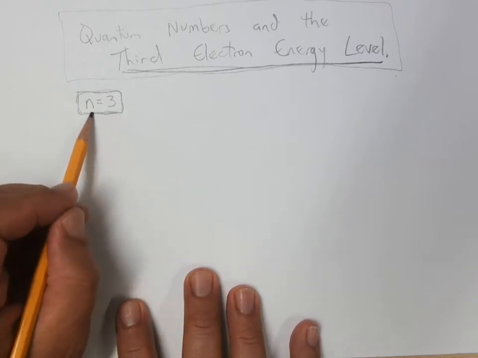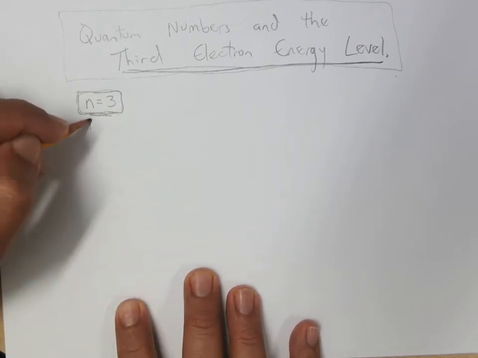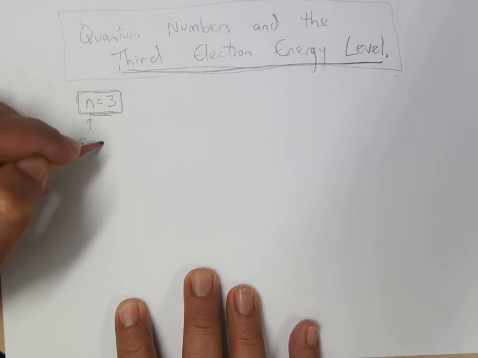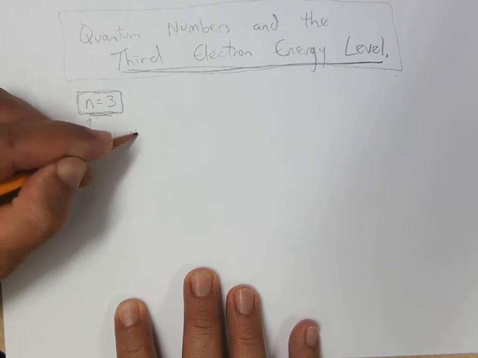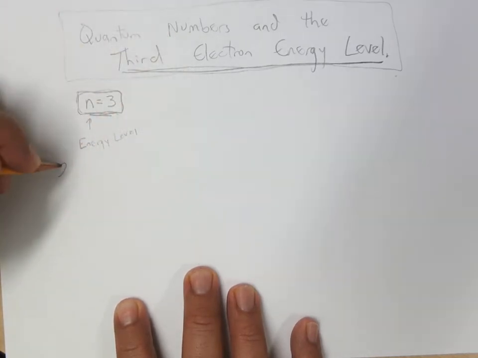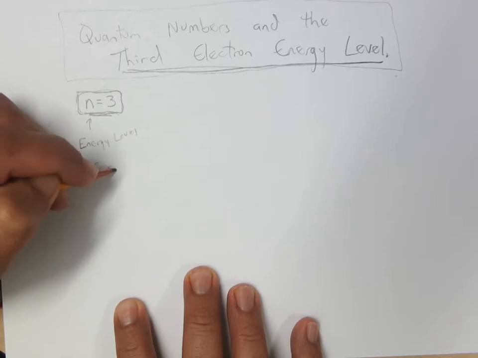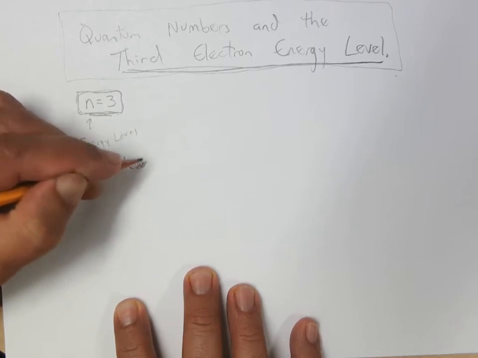Now this energy level, like most, has a variety of sublevels. So the primary quantum number n tells us the energy level. But then we go to the quantum number L, and L is going to tell us the energy sublevels that are available.